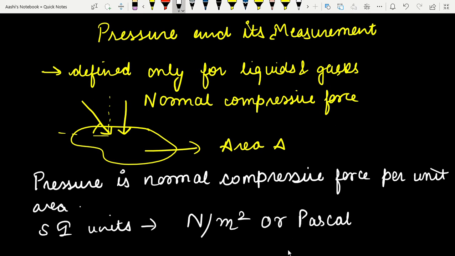But it is a very small unit of pressure. One more thing that you should know, pressure is a scalar quantity. If you remember, a scalar is a quantity which only has magnitude, and a vector is a quantity which has magnitude plus direction.